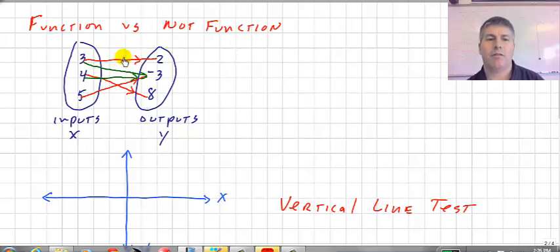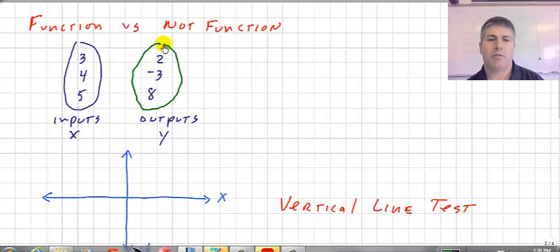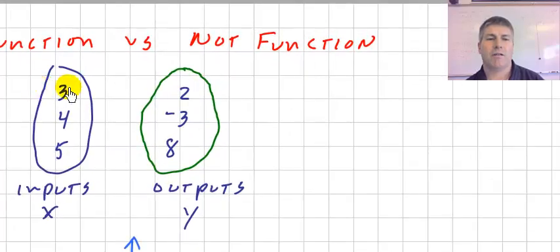Here's an example of something that wouldn't be a function. So I'm going to erase these. And put my group back up here. So I have my two groups again. But here's an example of something that is not a function. If I input 4 and output 2, and if I input 4 and I would output -3.